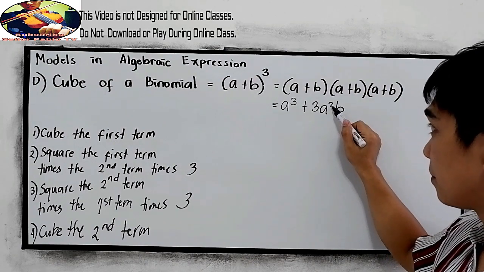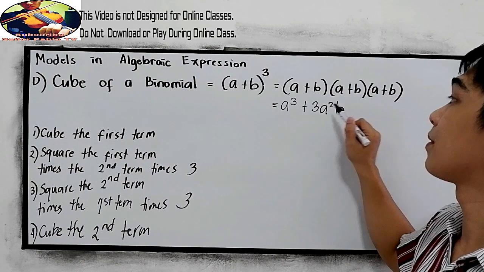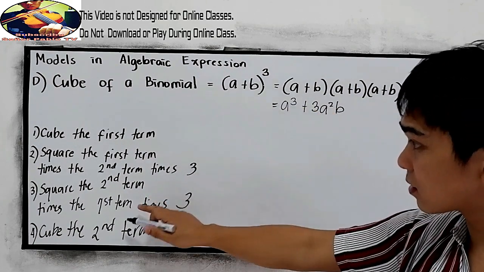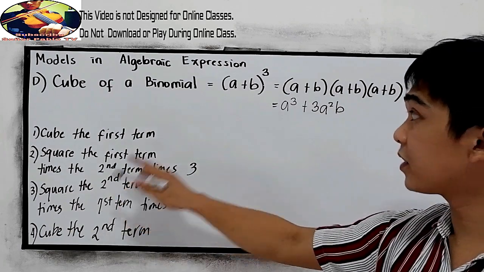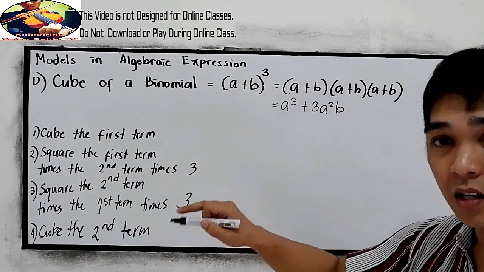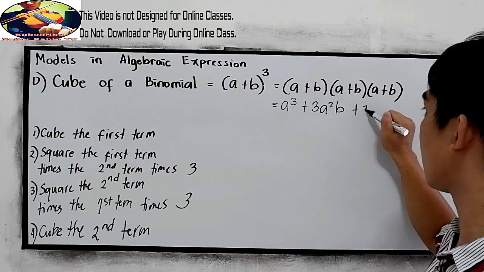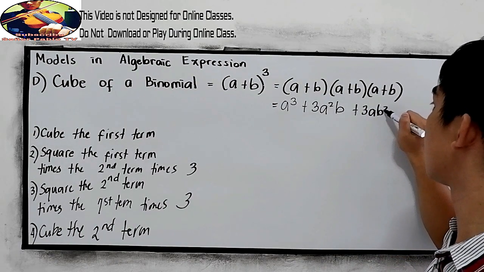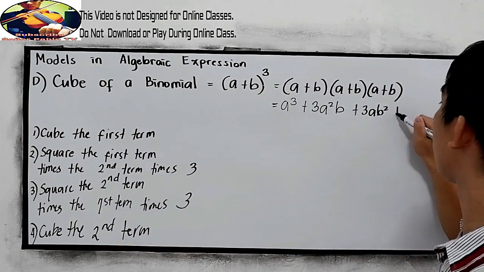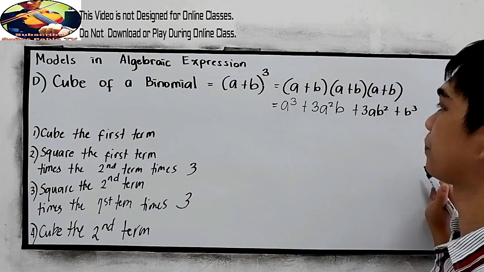Square the first term times the second term times 3. Then next, square the second term times the first term times 3. Positive 3ab squared. And last, cube the second term, plus b cubed.